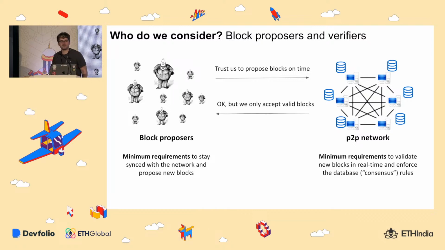But the flip side to it, which really makes cryptocurrency special, is what are the minimum requirements to validate new blocks in real time? So everyone in this room, what are the minimum requirements for you to run a node, process blocks in real time, and compute the exact same database as everyone else?